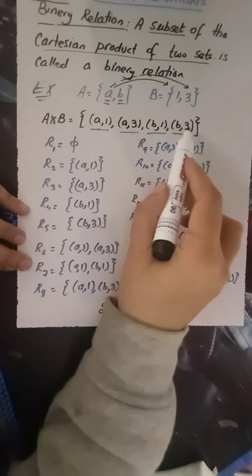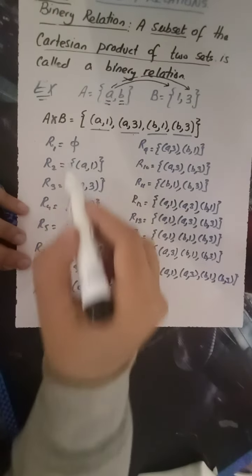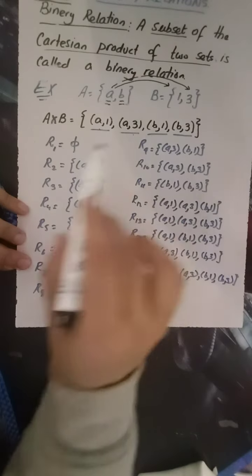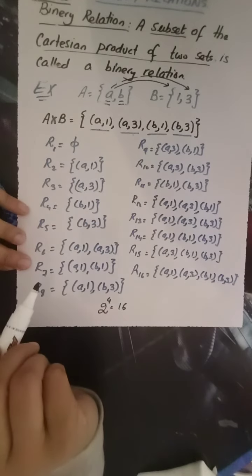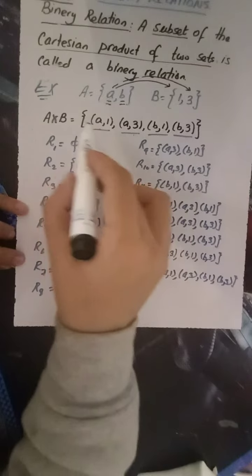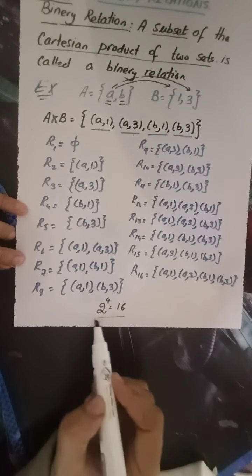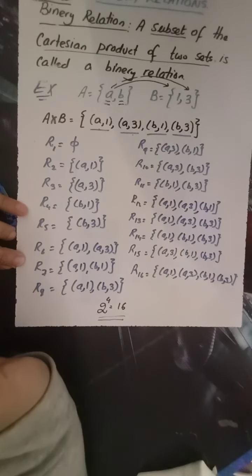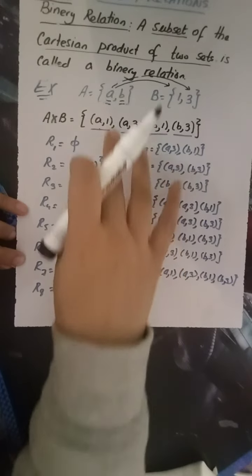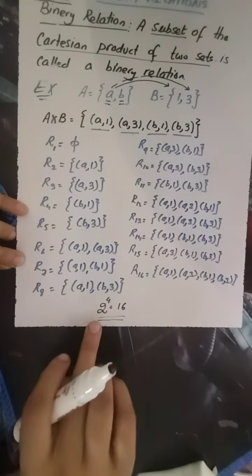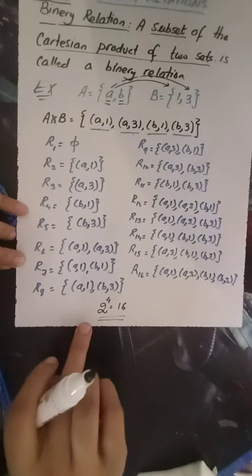So it means that this set has 16 subsets, which implies that this set has 16 binary relations. Okay, because binary relations are subsets of this set, and this is how we find the number of subsets of a set. If we are given 4 elements, then the possible subsets are 2 raised to the power 4.